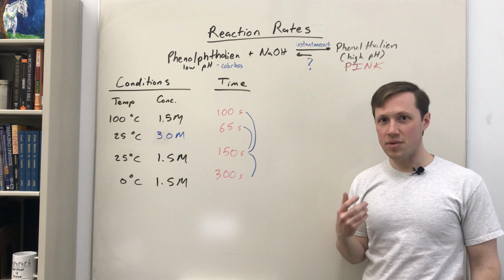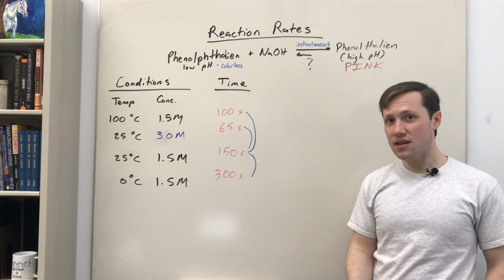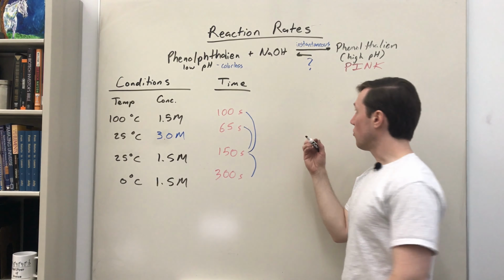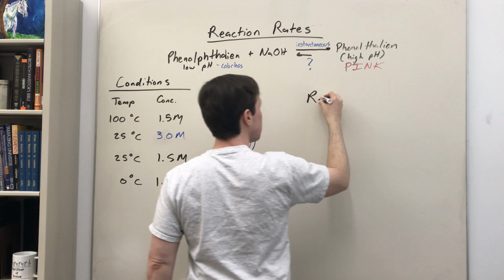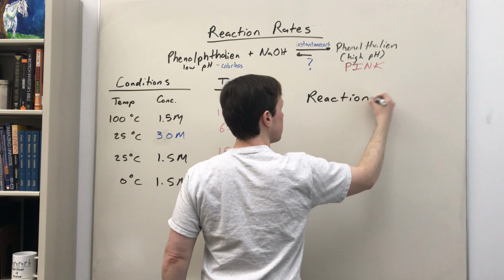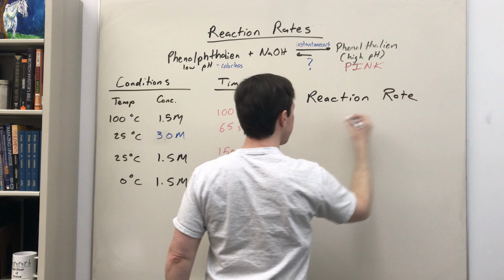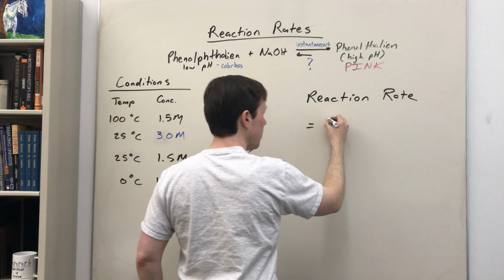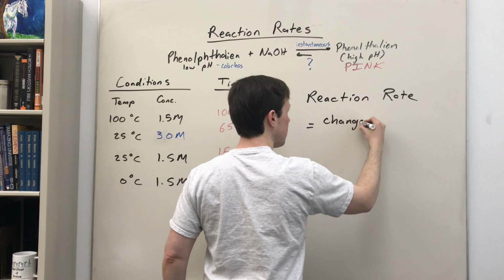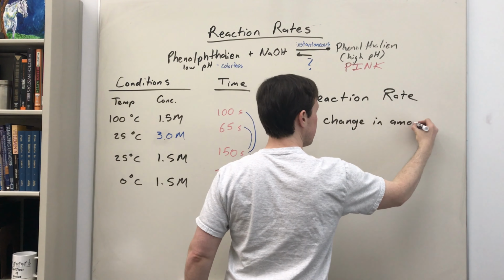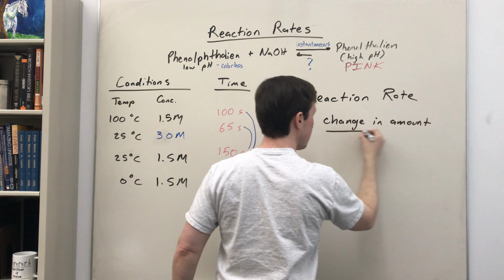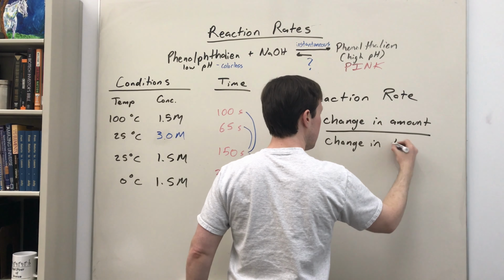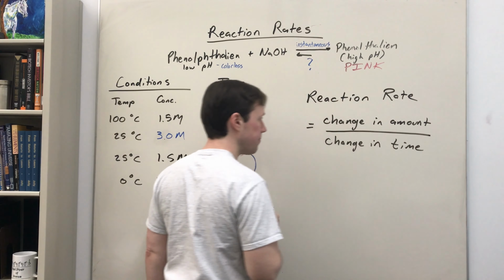To describe that rate of reaction, we need again to get a little bit quantitative. We need to define reaction rate. Reaction rate is equal to the change in amount over the change in time.